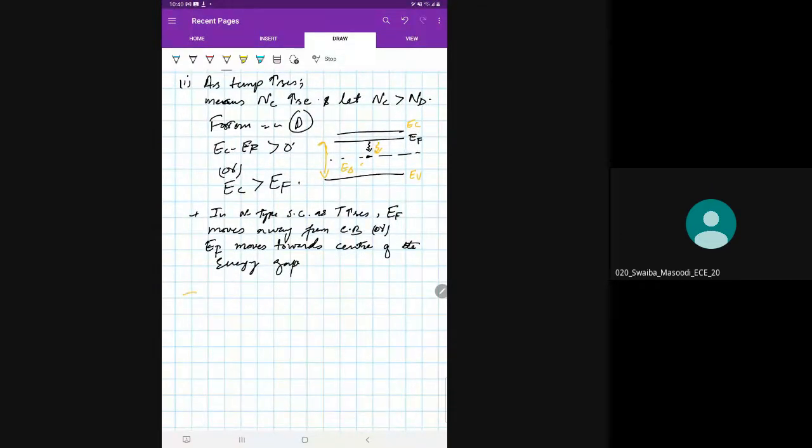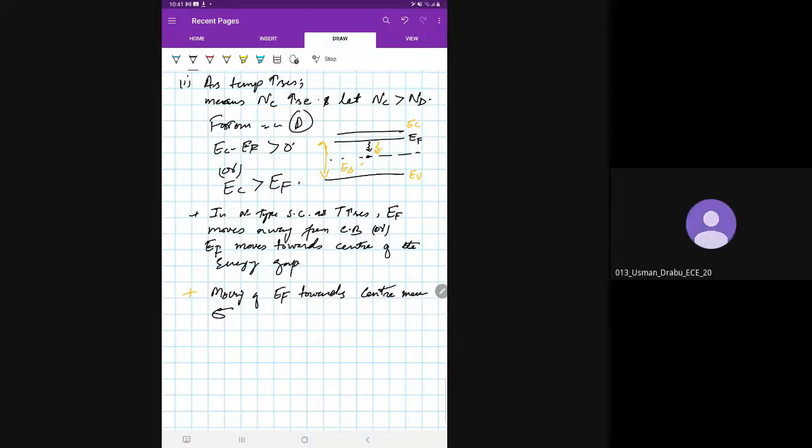Okay, now see, moving of Fermi energy level towards the center, towards center, it means that conductivity will, what will happen to conductivity, roll number 13, if Fermi energy level will move towards the center?